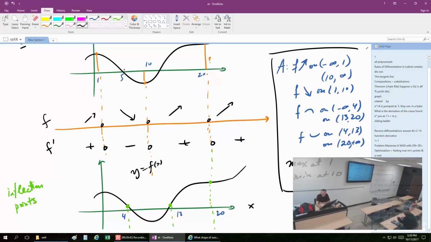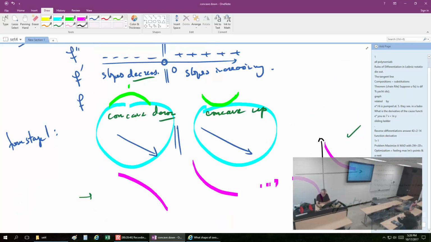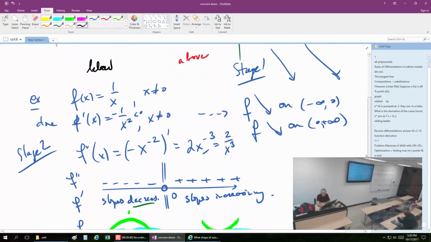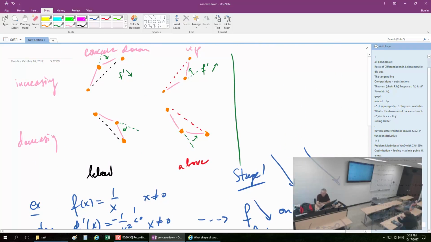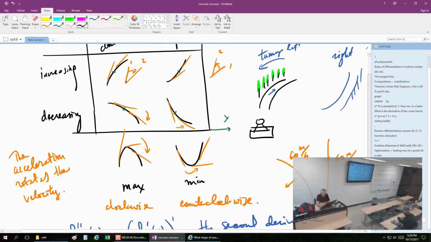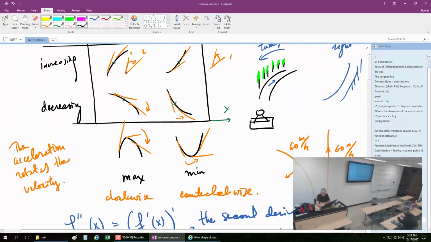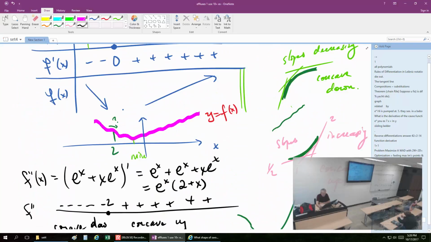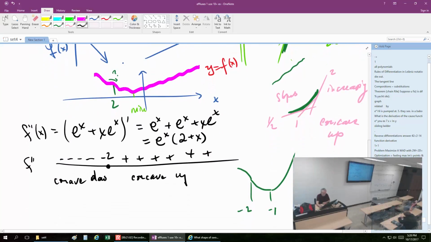Let's see, did I do enough of these? So this is 1 over x, concavity, the exponential, yeah, let's do the exponential function. Not this one. Yeah, okay, no, we did one. Let's take another look at it.